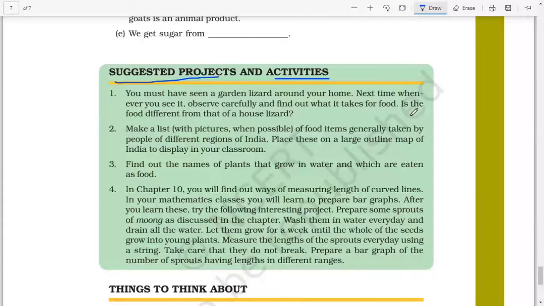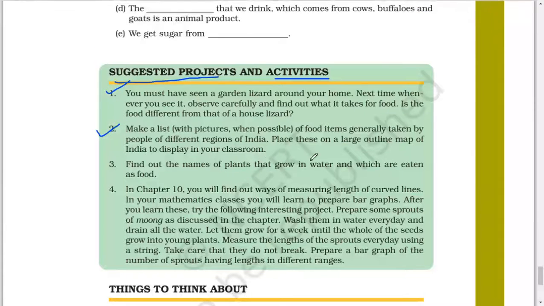Next time, whenever you see it, observe carefully and find out what it takes for food. Is the food different from that of a house lizard? 2. Make a list with pictures when possible of food items generally taken by people of different regions of India. Place this on a large outline map of India to display in our classroom.